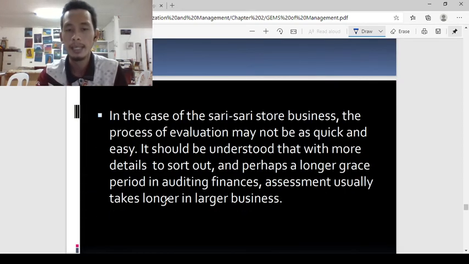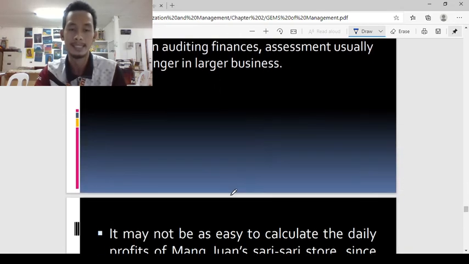In the case of the sari-sari store business of Mang Juan, the process of evaluation may not be as quick and easy. It should be understood that with more details to sort out and perhaps a longer grace period in auditing finances, assessment usually takes longer in larger business.